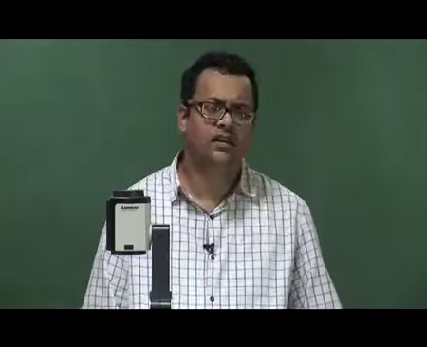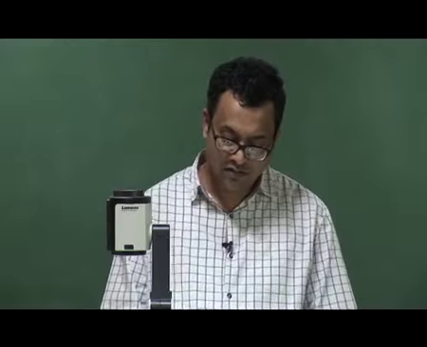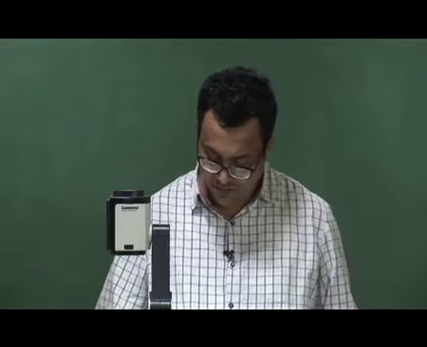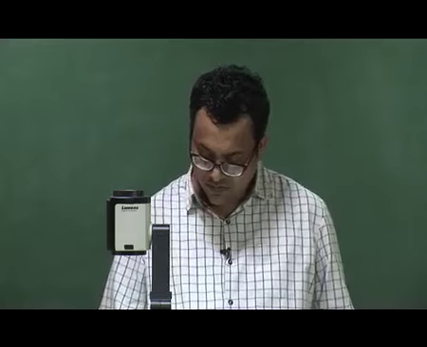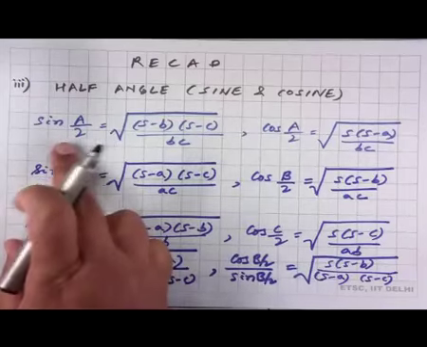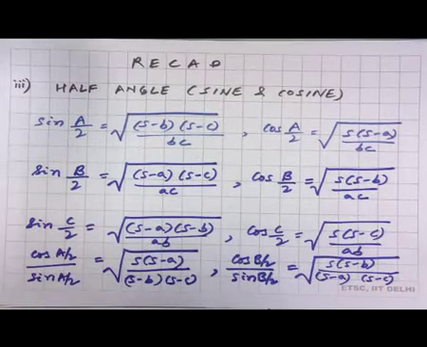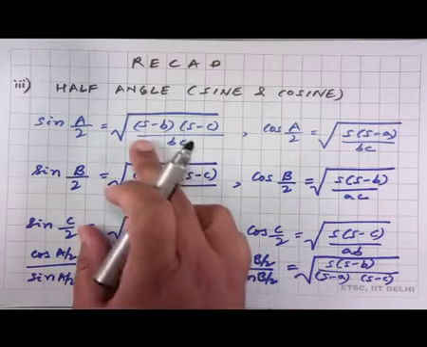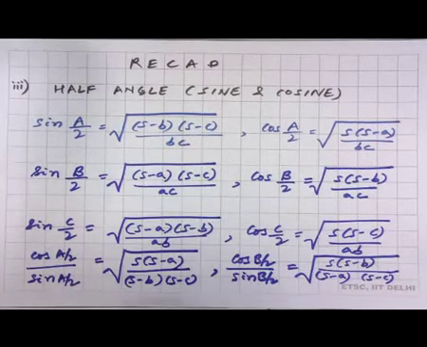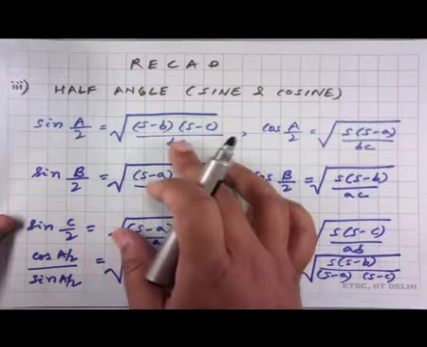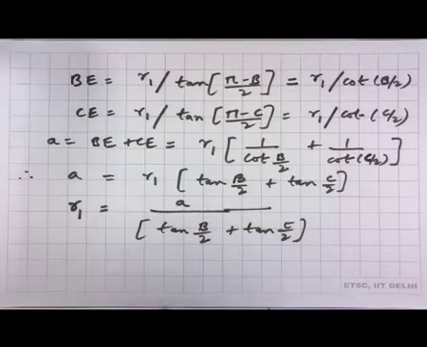And here again, since we already know from the previous lectures the relation between the sine and cosine of the half angles and the lengths of the sides of the triangle, we are going to use that over here.